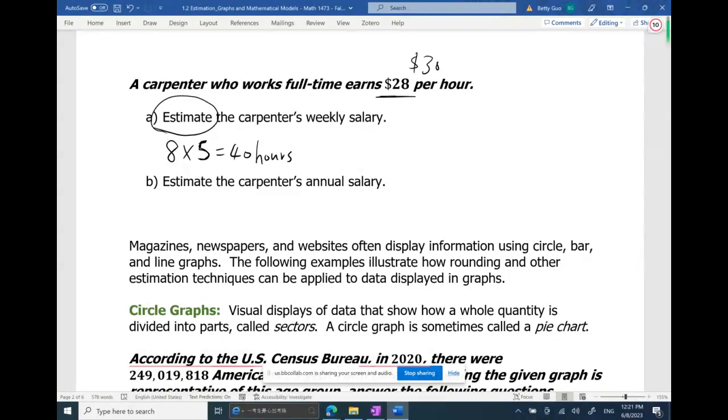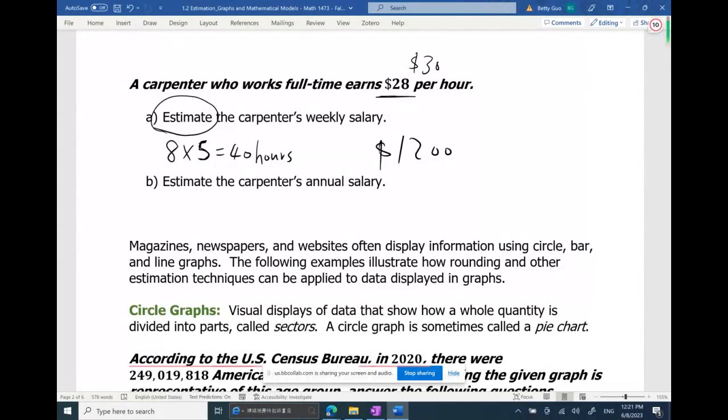If the carpenter's hourly payment is $30 and he works 40 hours a week, then his weekly salary can be estimated as $1,200. So 40 times 30, $1,200. Most people can get that done in their head, right? You don't have to use a calculator. You can just estimate the carpenter's weekly salary.